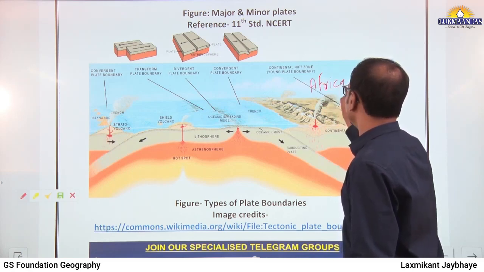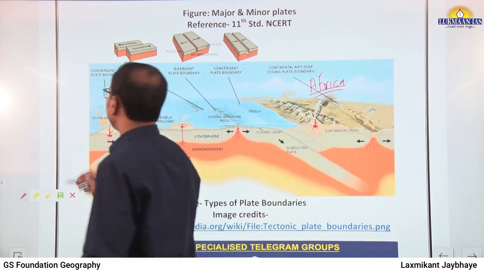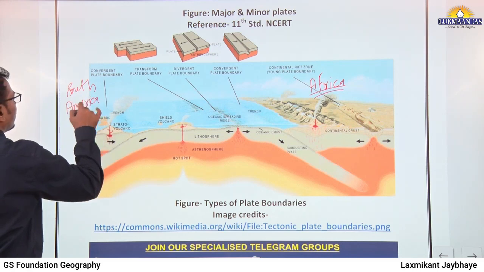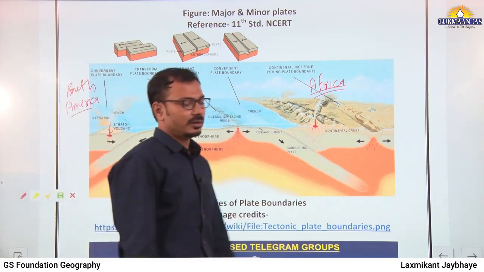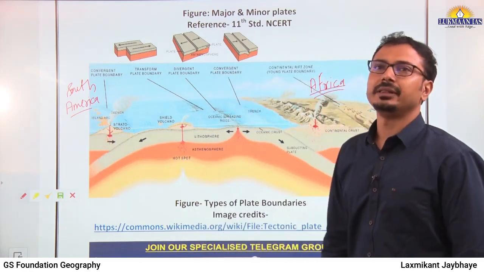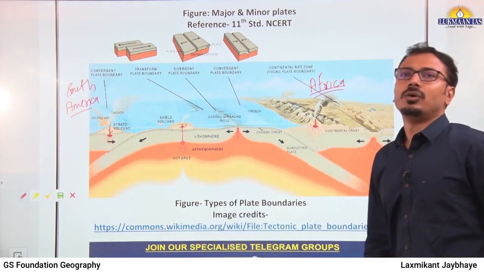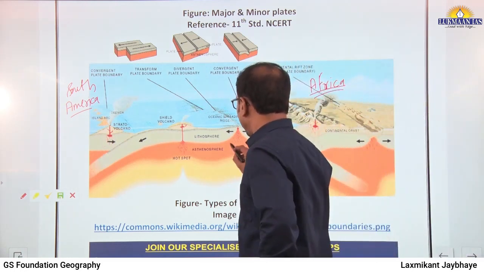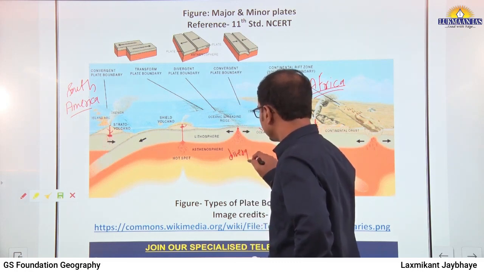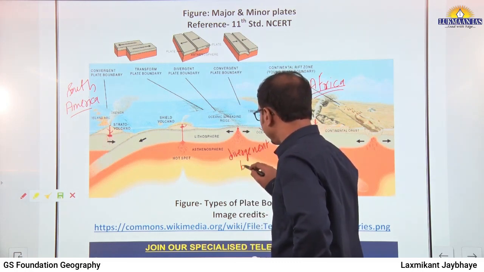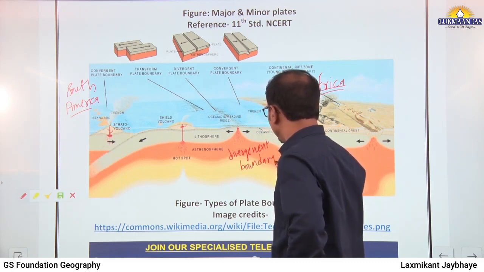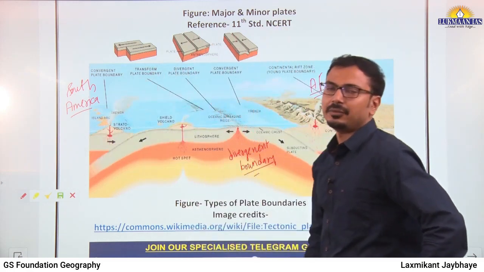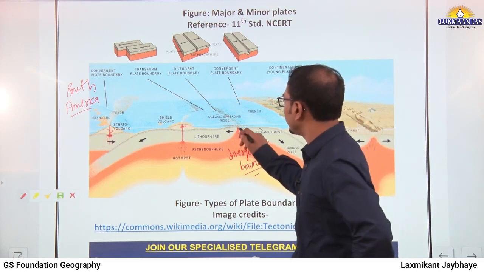African plate, and on this side the South American plate, and in between there is the South Atlantic Ocean. Now what is happening here? The divergent boundary is created between these two plates, African plate and South American plate, in this location here.